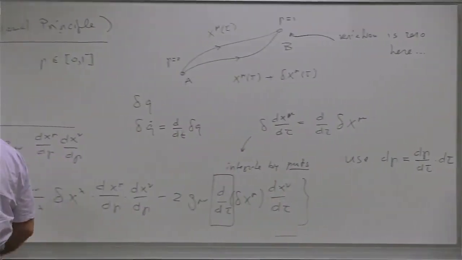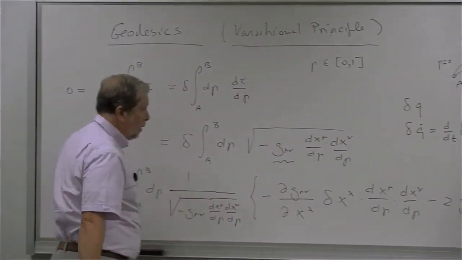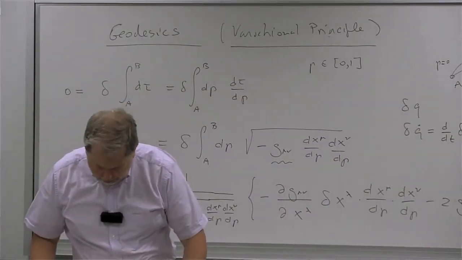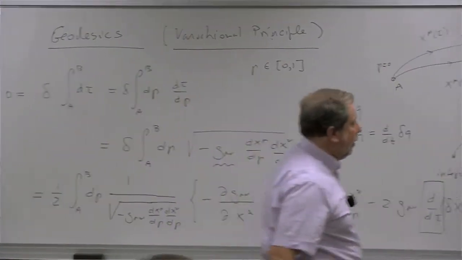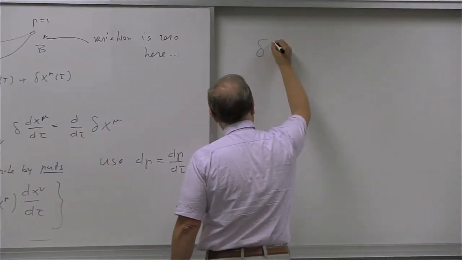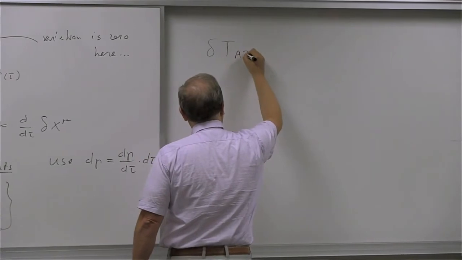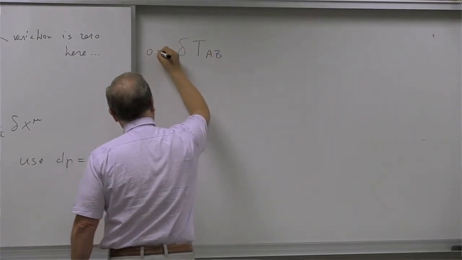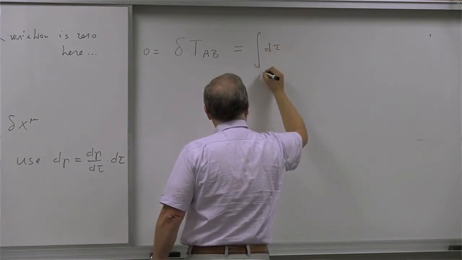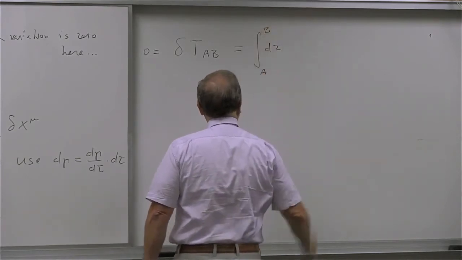When you do that, all the dp's go away, and you can rewrite this just in terms, again, of the proper time. Remember, differentials can be just manipulated as if they're fractions. So we're going to rewrite it as an integral in d tau from a to b.